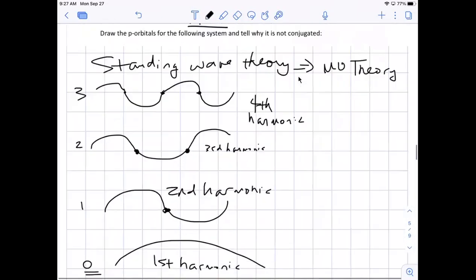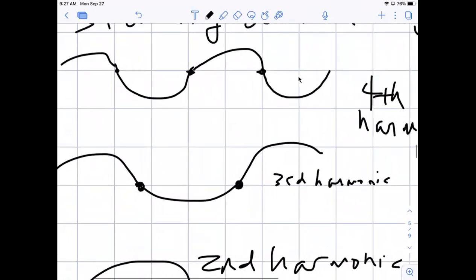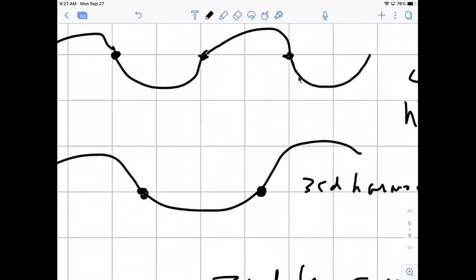What it's really saying is that those 4 p orbitals have 4 different ways that they can combine to make what we call a molecular orbital. And then you use the molecular orbital to describe how that 4-pi system behaves when it reacts with other things, right?